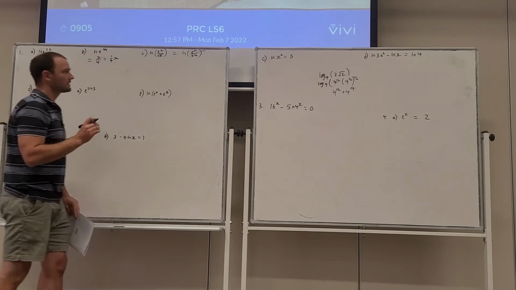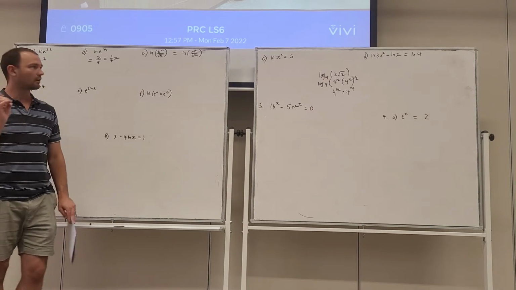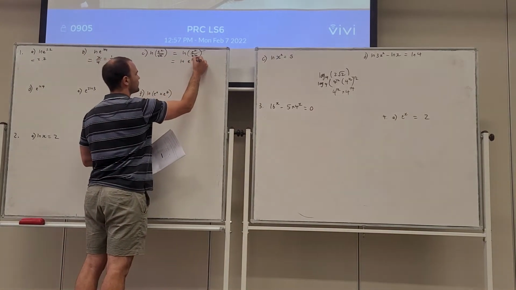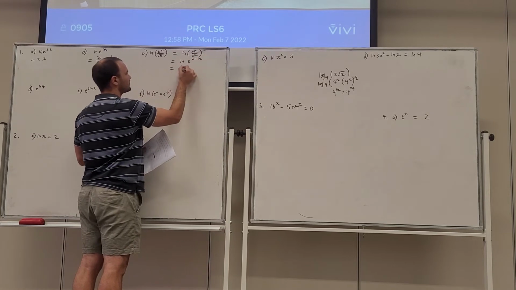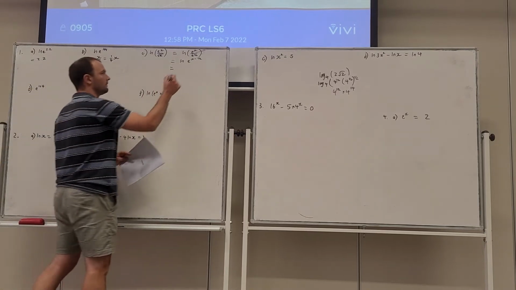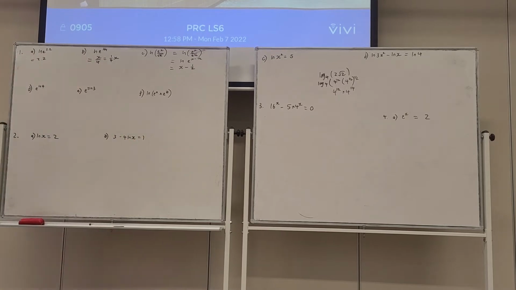Now, because they have the same base, we can do the top power, take away the bottom power. Now we have expressed it as a single power of e. It simplifies to x take half. Okay.